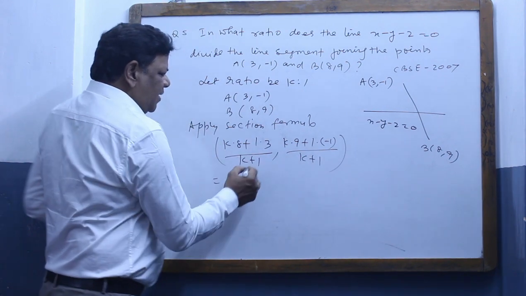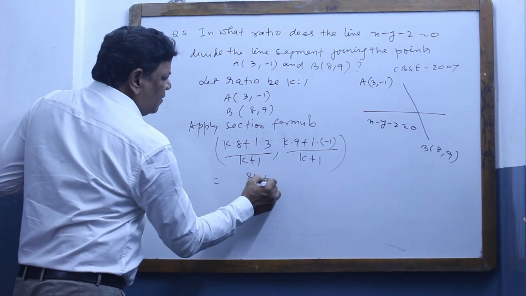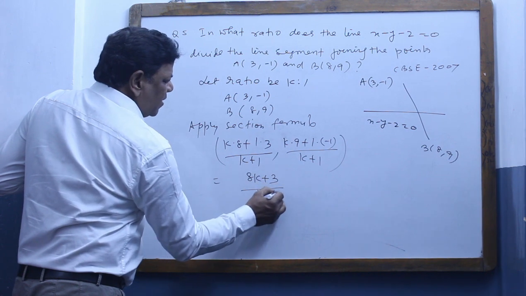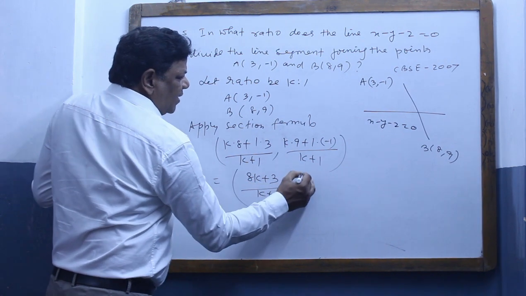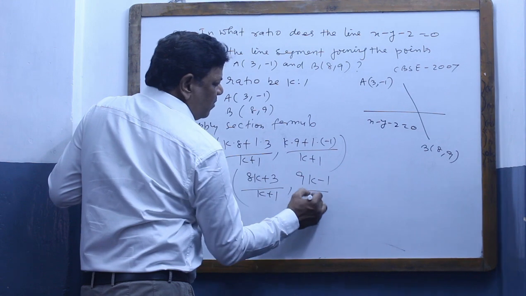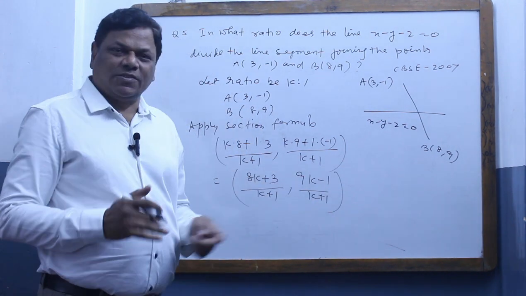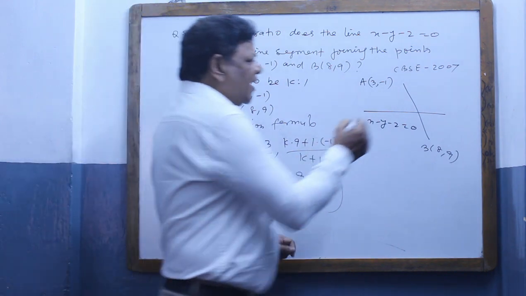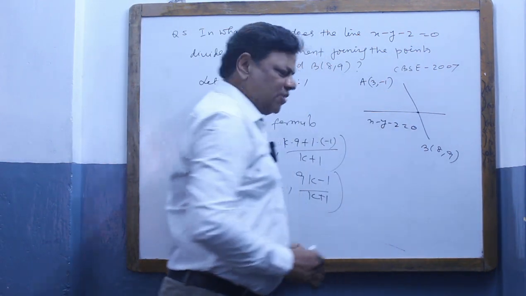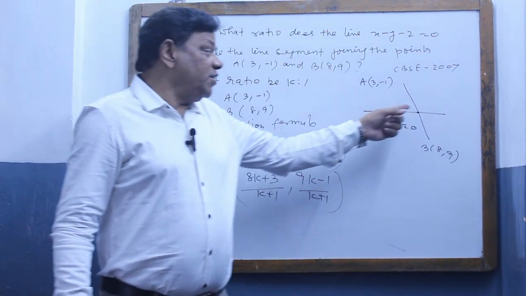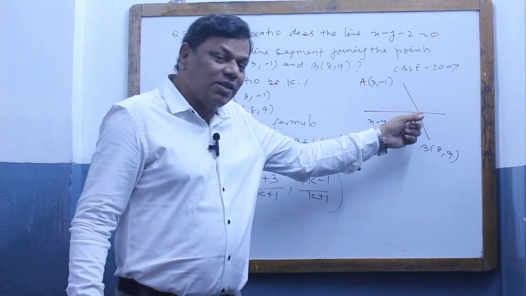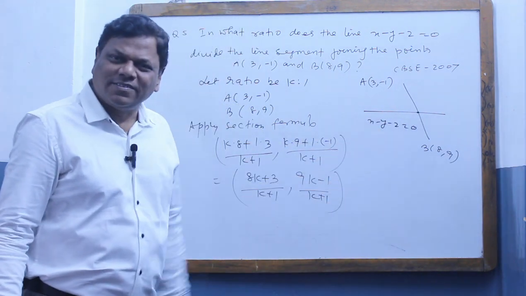That means what is coming here? It is 8k plus 3 by k plus 1, comma, 9k minus 1 by k plus 1. Now see, I got the point. But this point is not given.